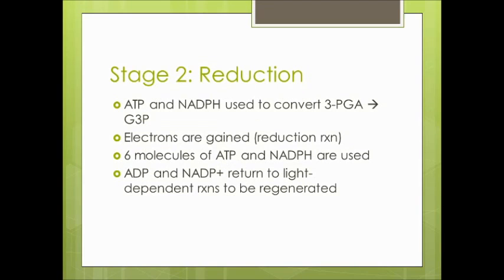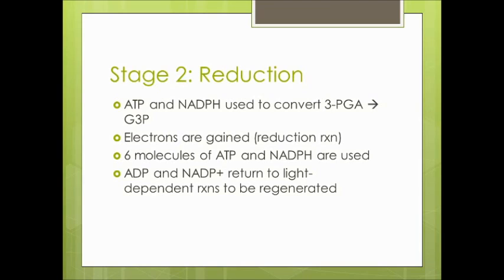Stage 2 is reduction. ATP and NADPH are used to convert 3-PGA into G3P. Electrons are gained via the reduction reaction. 6 molecules of ATP and NADPH are used in this process. So remember, in the light-dependent reactions, we're making ATP.